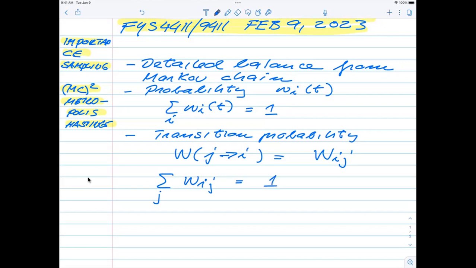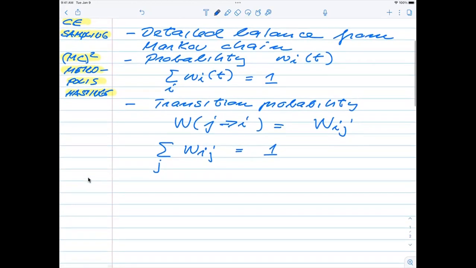And a typical example of such a matrix is a matrix which we saw last week. So let me just quickly remind you of that. So we could have a matrix which looks like this, just to give you an example. 1 divided by 4, 2 divided by 4, 0, 1 divided by 4.